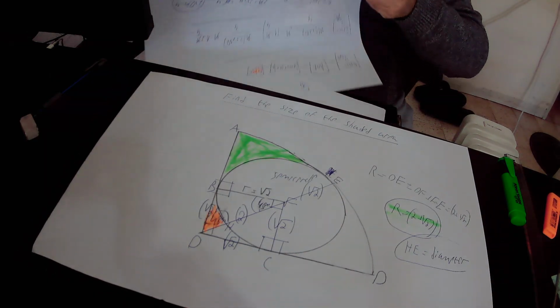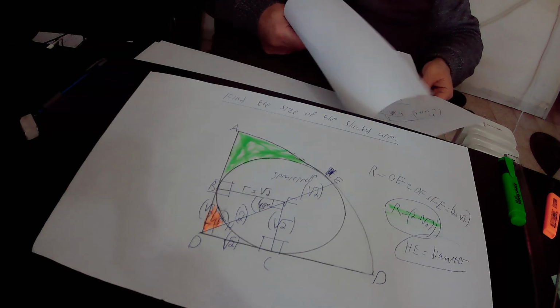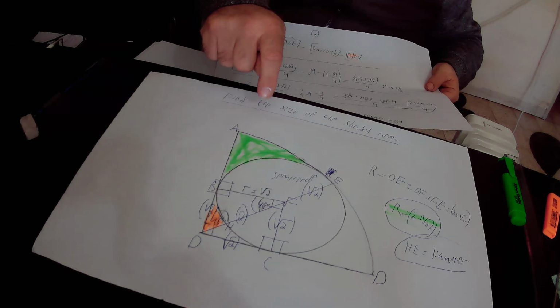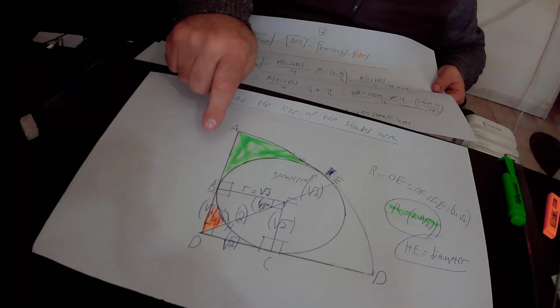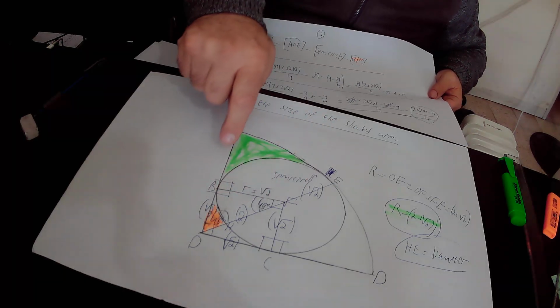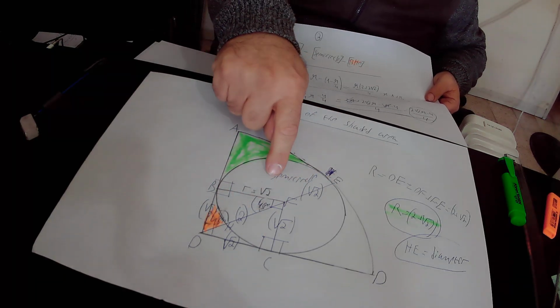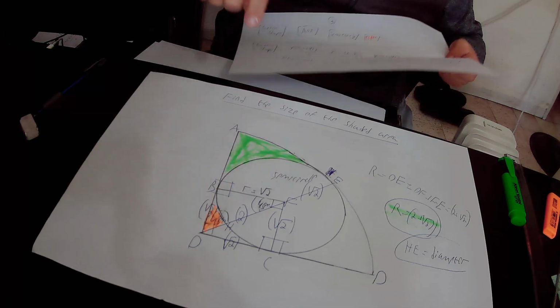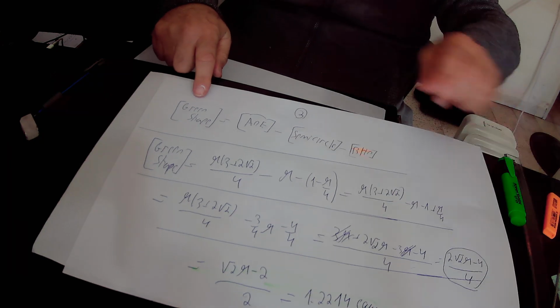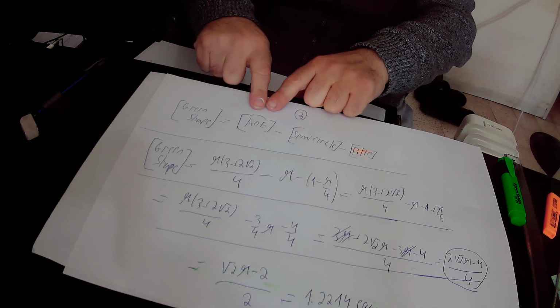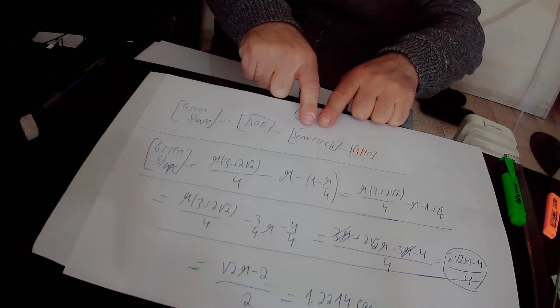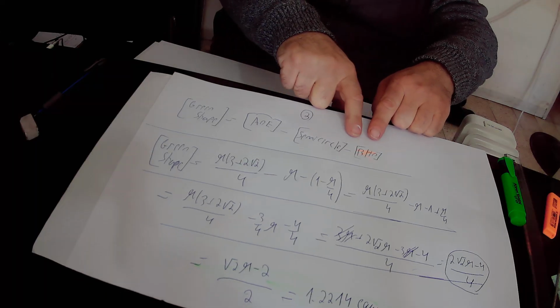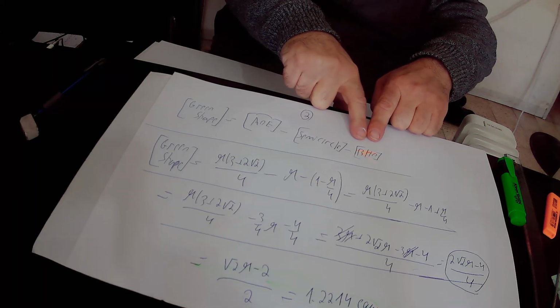And the area of this green shape in total is equal to the area of the big sector AOE minus the area of this small semicircle minus the area of this orange shape BHO. Repeat again, the area of the green shape in total equals the area of the big sector AOE minus the area of the small semicircle minus the area of the small orange shape BHO.